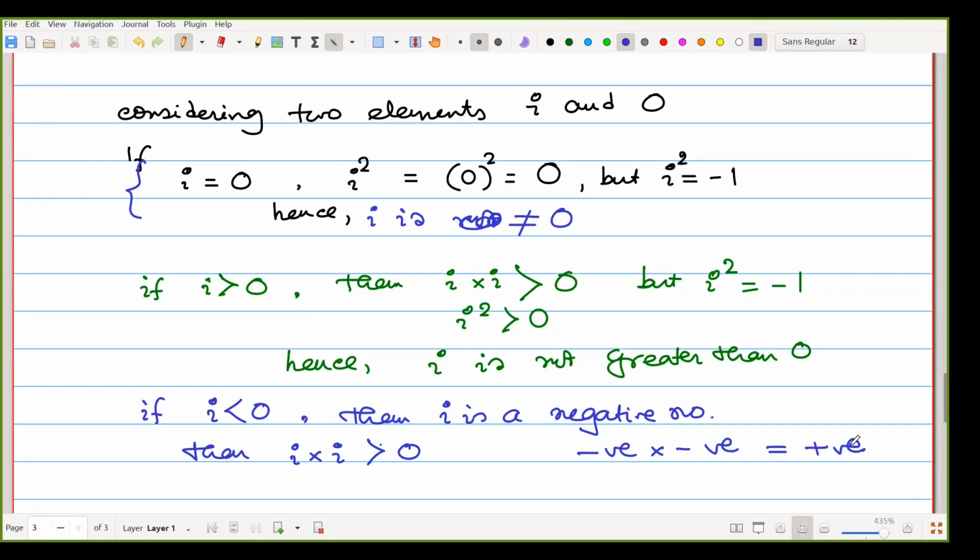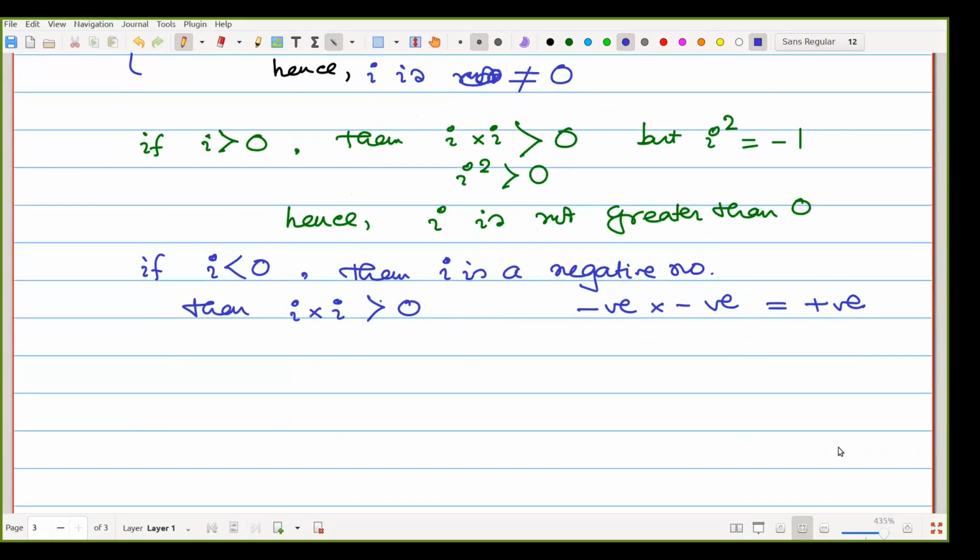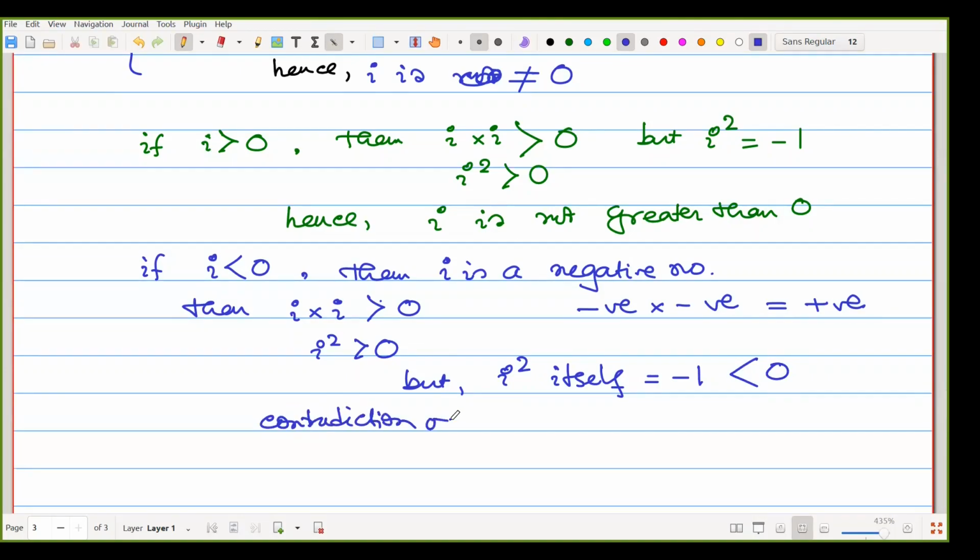Then i into i is greater than 0, or we have i square is greater than 0. But i square itself is equal to minus 1, which is less than 0. So the contradiction occurs. So we can say i is not less than 0.